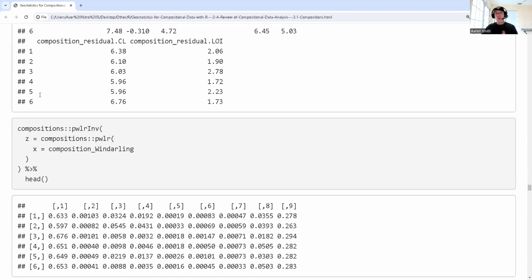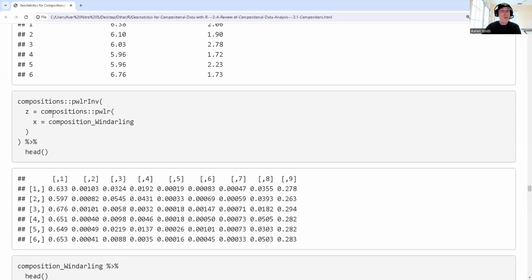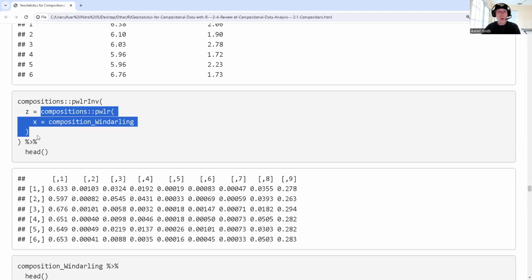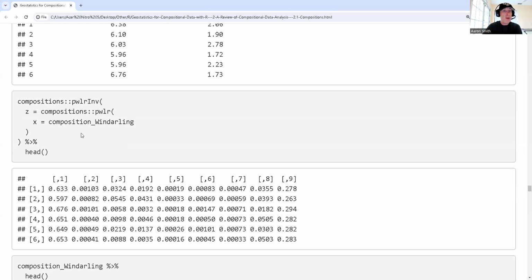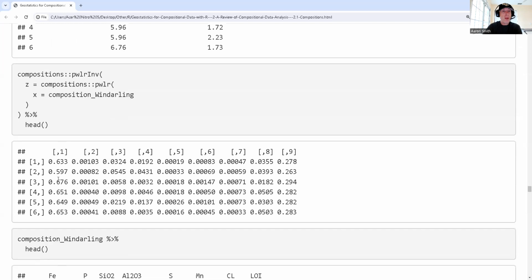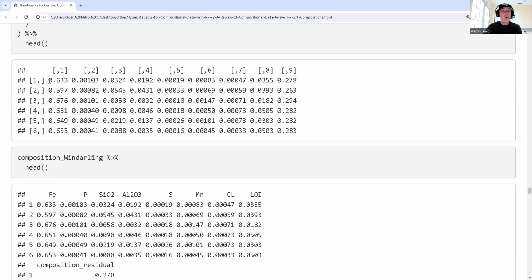All right, now there is an inverse function for this using the generalized inverse matrix. I'm going to talk about the matrix presentation of the formula in a moment, but there is an invertible function using the generalized inverse on the transformation matrix. So here I take the pairwise log transformed data and apply the inverse to it, and I want to show you that you get the same values.